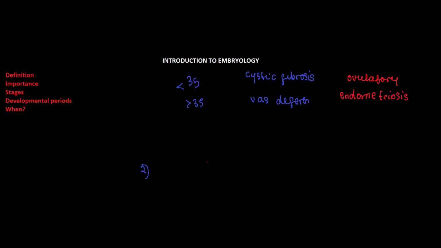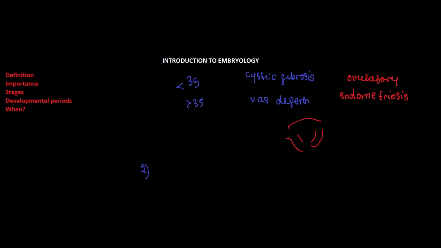Now, endometriosis is a condition in which endometrial-like tissues develop outside of the uterus. Generally, in the uterus, you have an endometrial lining that thickens and breaks down during the menstrual period.